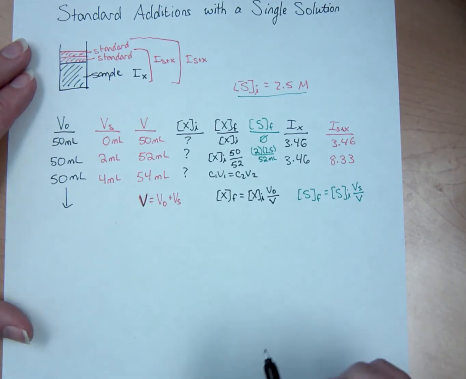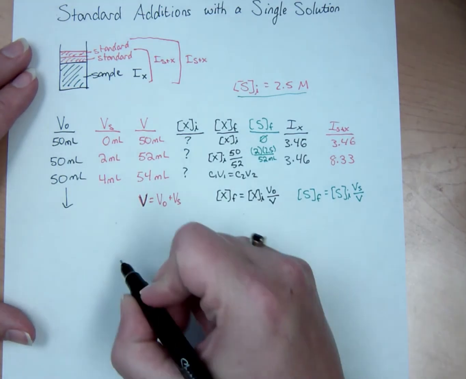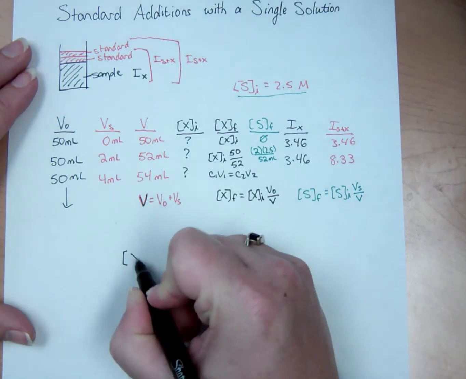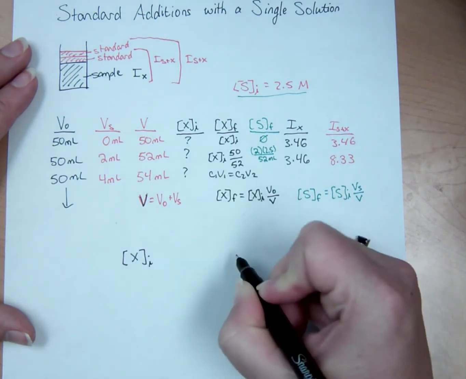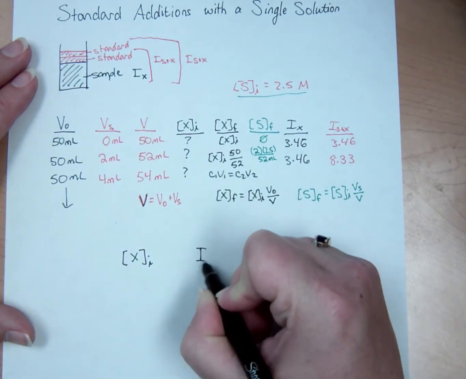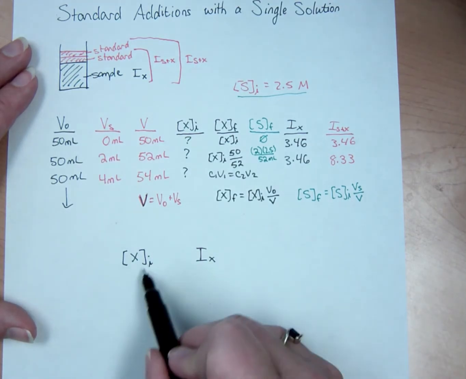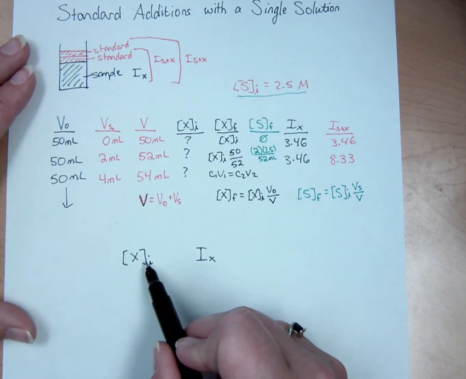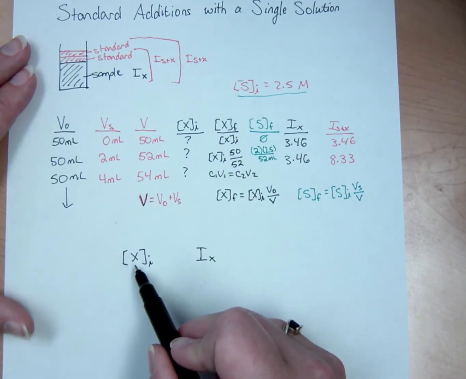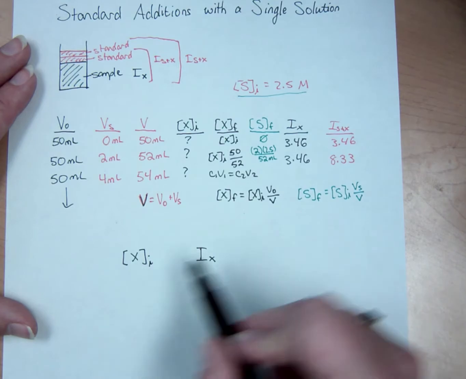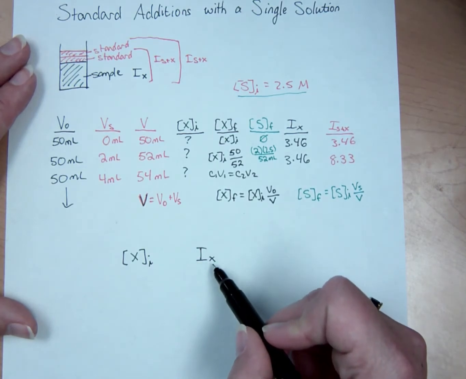So we're going to build a proportion here. We know that concentration and intensity of signal are directly proportional. So the concentration of our analyte in our initial sample is going to be proportional to that initial measurement of intensity.